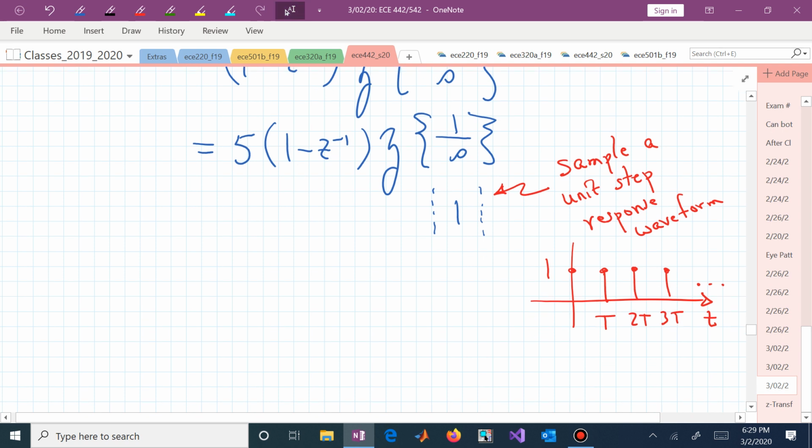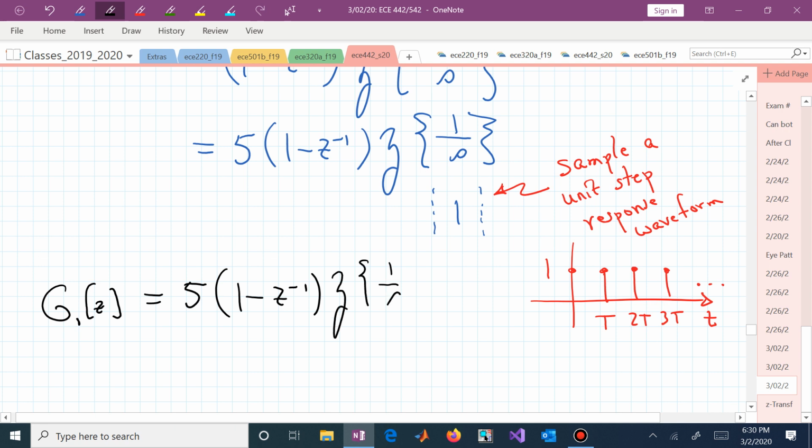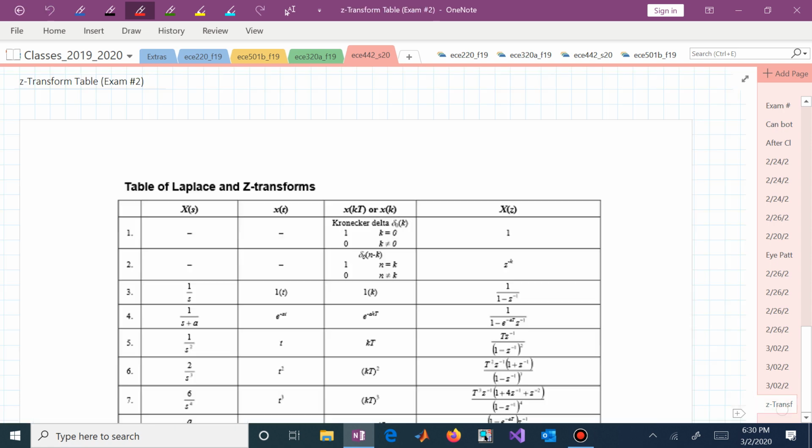Or we could now say, you know what, this capital G sub 1 of Z, let me just rewrite it, of the Z transform of 1 over S. And in fact, instead of going through this inverse Laplace and sampling, we will just say, let me find this in a Z transform table.